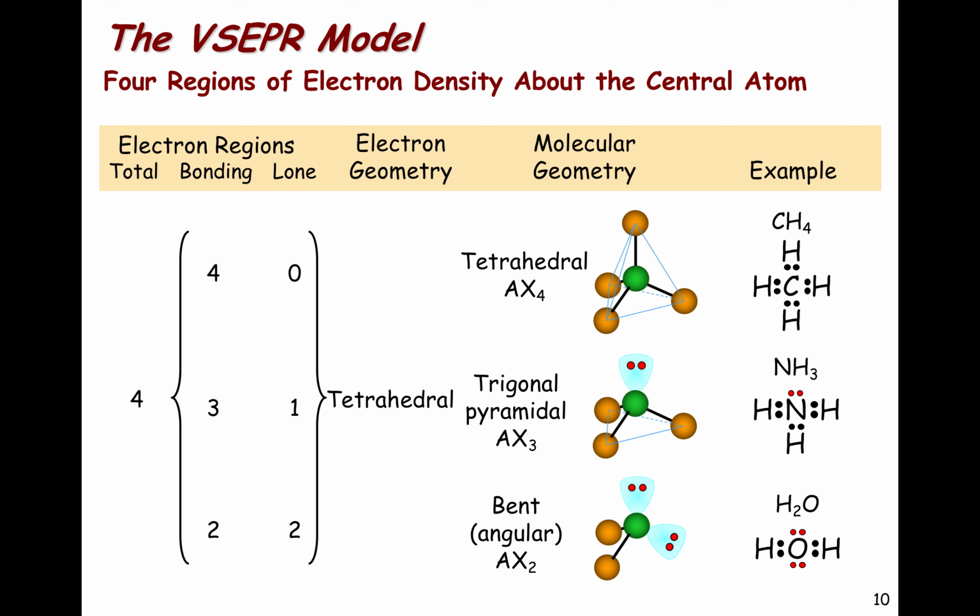If we had 3 bonding regions and 1 lone pair, as there is in ammonia, then we describe the molecular shape as a trigonal pyramid. The angles, again, are all approximately 109.5. And then the final example is where we have something like water, where there are 2 bonding regions and 2 lone pairs. And so in this case, the molecular shape is described as being bent, and again with an angle of 109.5 degrees.